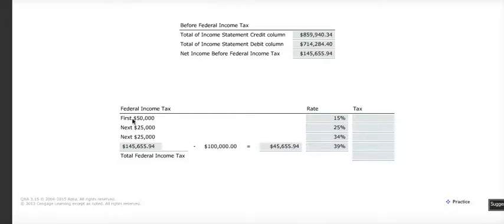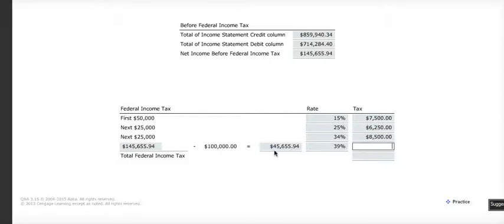So first 50,000 is taxed at 15%. So 50,000 times 15% gives me $7,500. The next 25,000 is at 25%. 25,000 times 25% gives me $6,250. The next 25,000 of my 100,000 is 34%. Gives me $8,500.